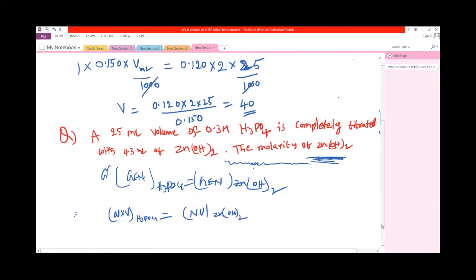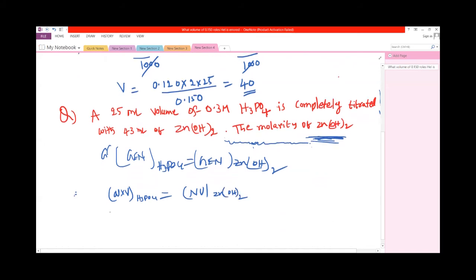Now we can see, normality means molarity into n factor. Molarity 0.3, n factor of H3PO4 is 3, so 3 into 25 equals molarity into n factor of zinc hydroxide, which is 2, into volume 43.